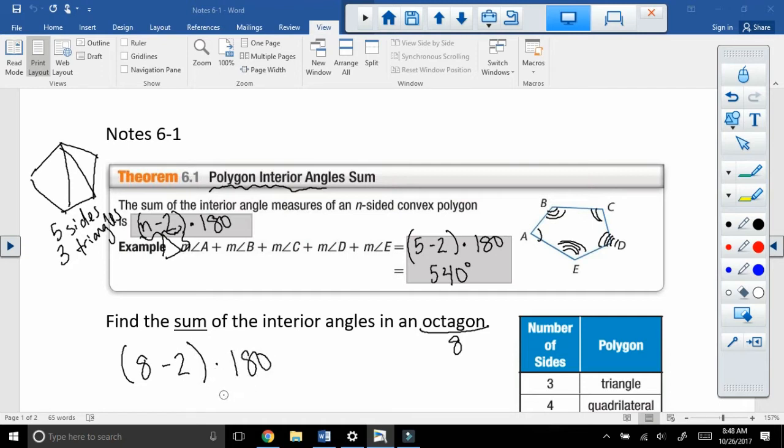So if you just grab your calculator quick, you can either type it in exactly like this, and if you're going to type it in exactly like this, just put parentheses around it, and you can figure that out. Otherwise, you can just do the subtraction in your head. Take 6 times 180. What do you get for the sum of the angles in an octagon? Okay, so 1,080, and that's degrees.